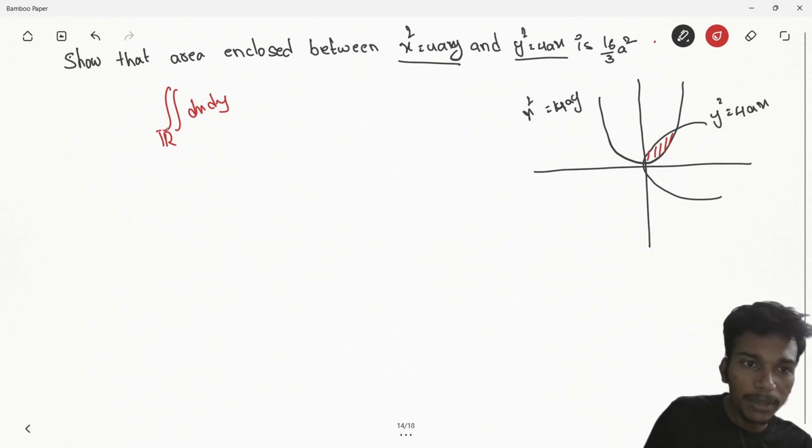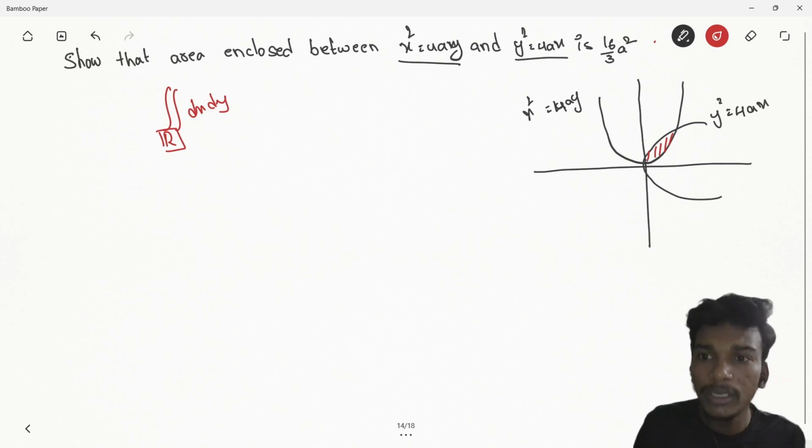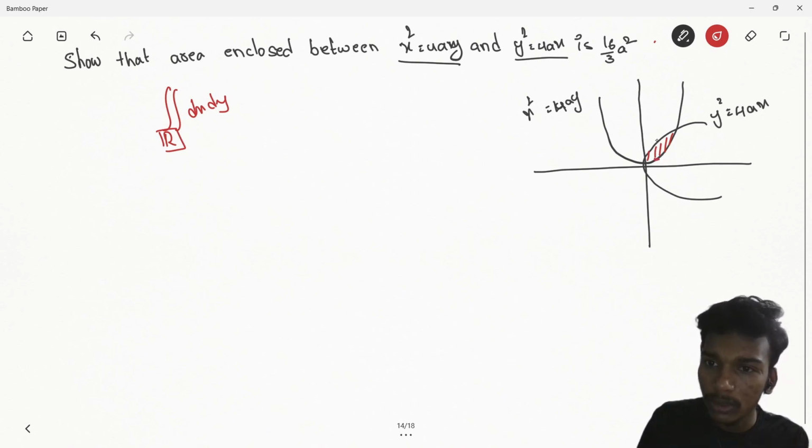This region is nothing but the limits between which this area is varying. These are the limits of y for this area variation, and these are the limits of x.